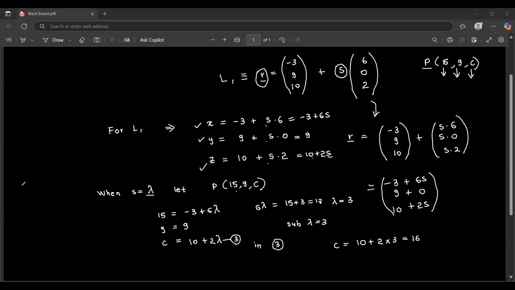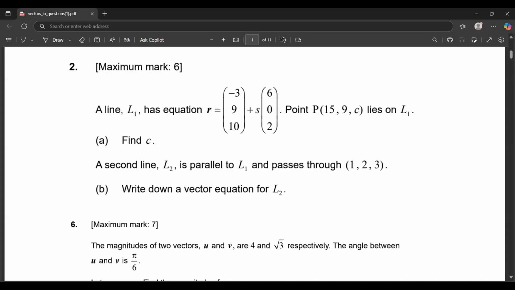Now we will look at the next question. In the next question, they are saying the second line L2 is parallel to L1 and passes through (1, 2, 3).